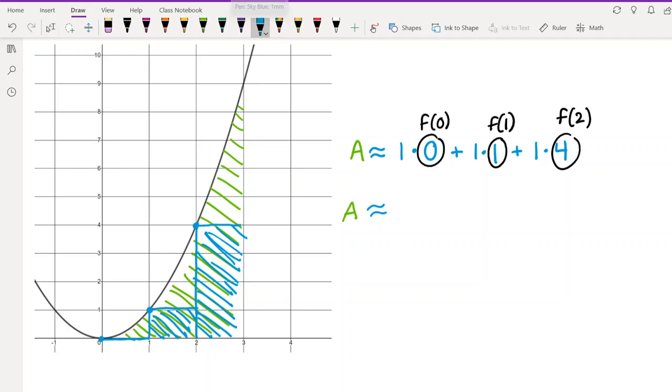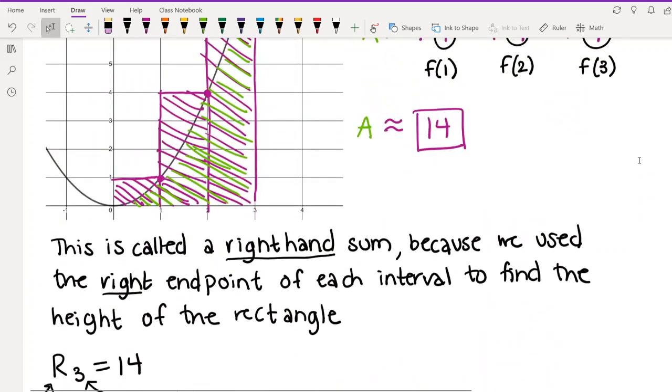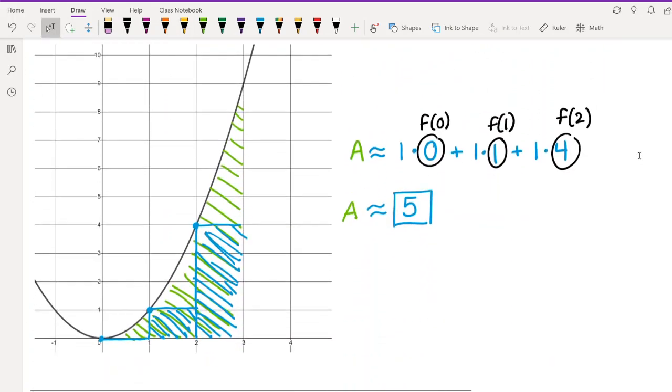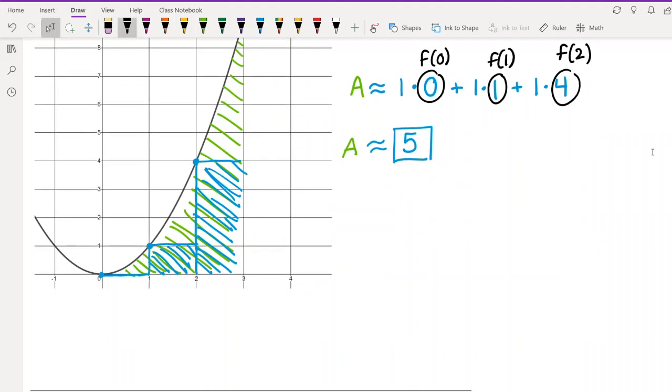So basically, from what we just found here, we can conclude that the actual area is somewhere between 14 and 5, right? Which is kind of a big range, but it gives us a lower and upper bound. And what would we refer to this sum as? This would be a left-hand sum.